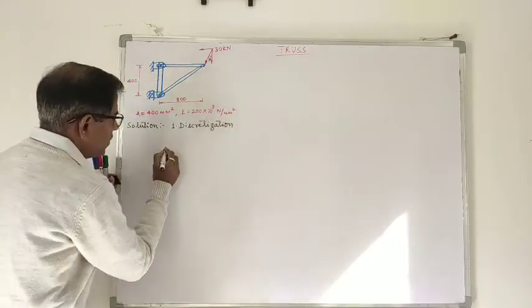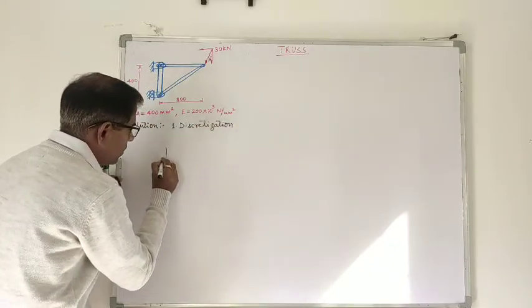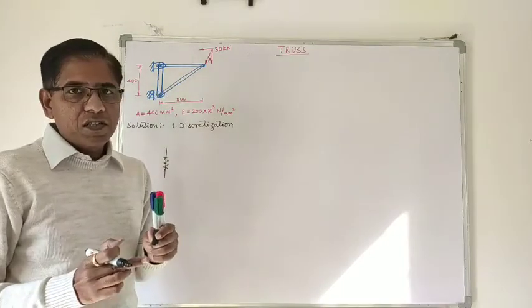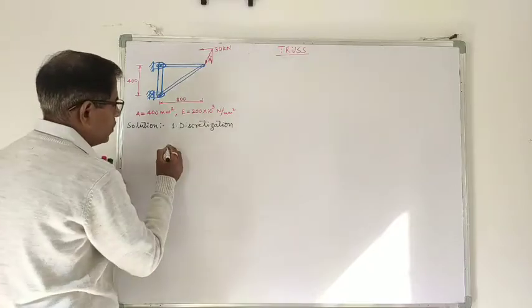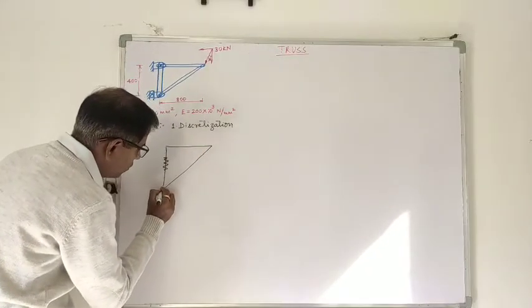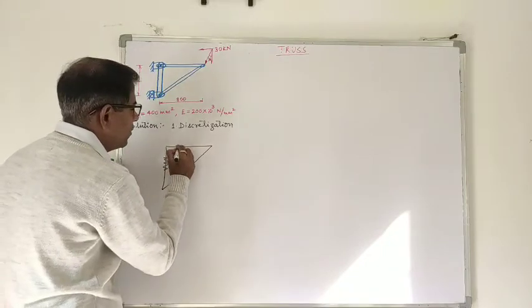So in discretization, one member of a truss is considered as one element. There are three members, so there are three elements.